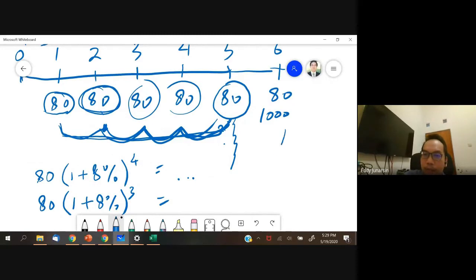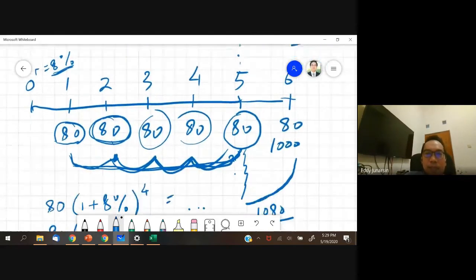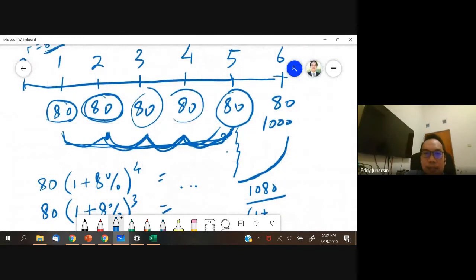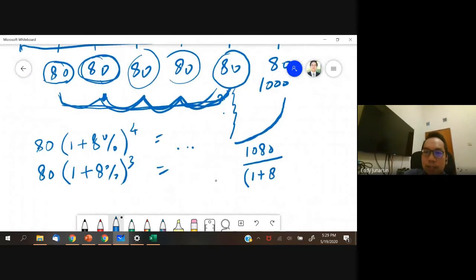So you could find the present value of it, right? So 1080, what is the present value of 1080 1 year earlier? So it's divided by 1 plus market rate. What is the market rate again? 8, right?